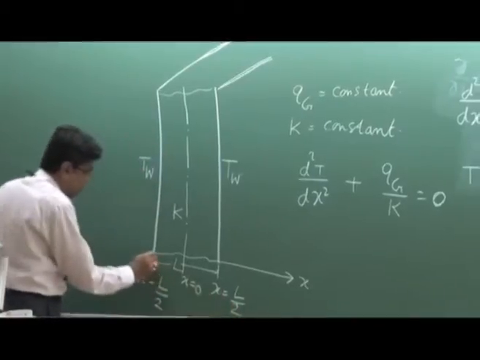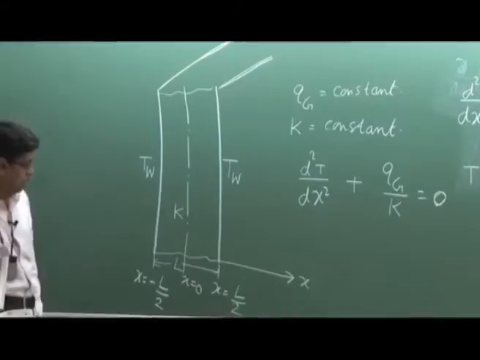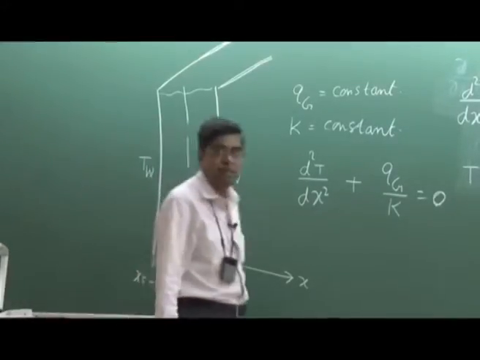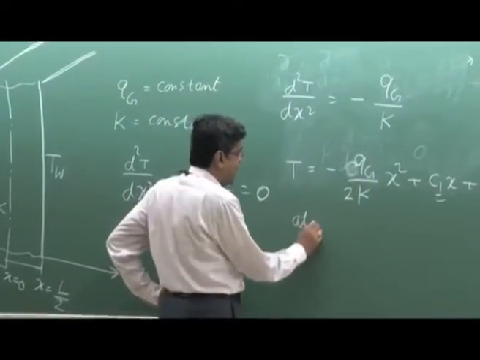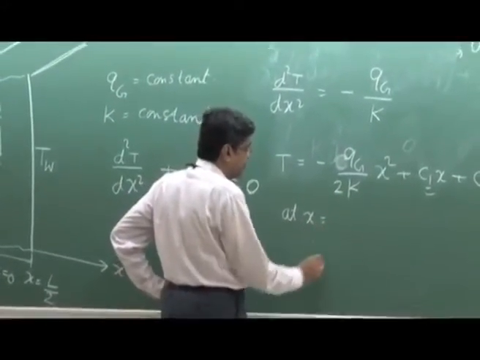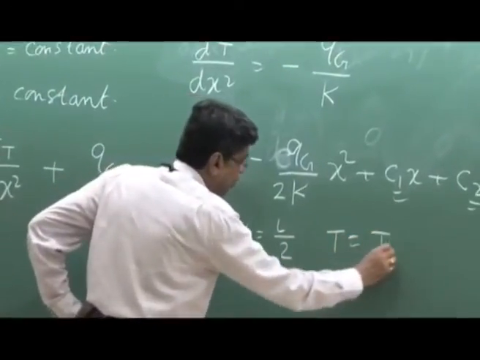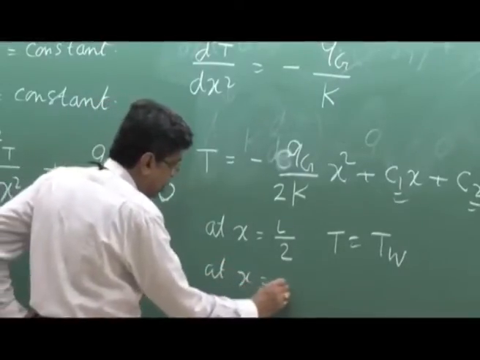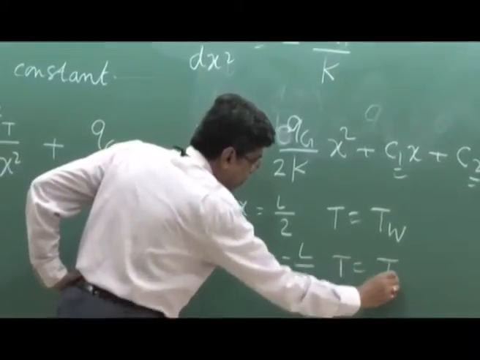But it does not matter, you can take x0 here, so that this will be x equal to L. Now if you take the axis at the middle because of the symmetry of the problem, then the boundary conditions are that at x equal to L by 2, T is equal to TW, and at the same time at x equal to minus L by 2, T is equal to TW.